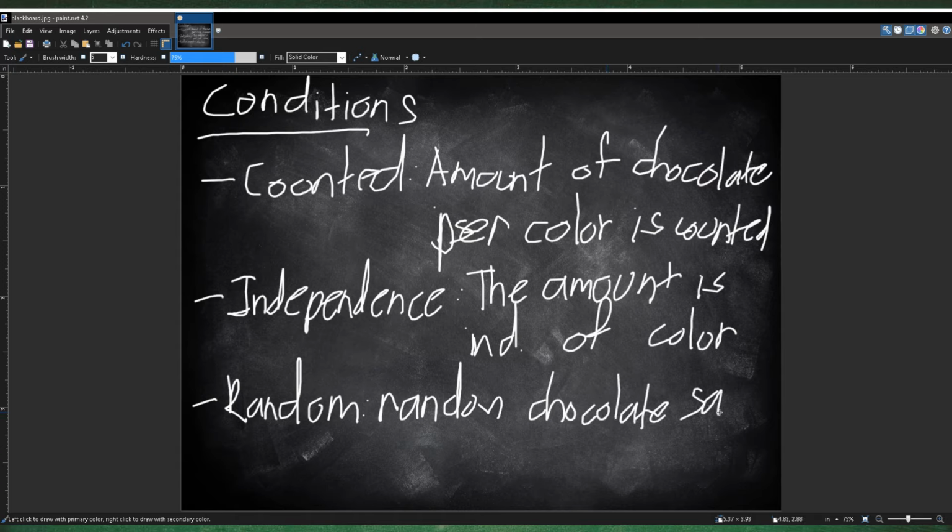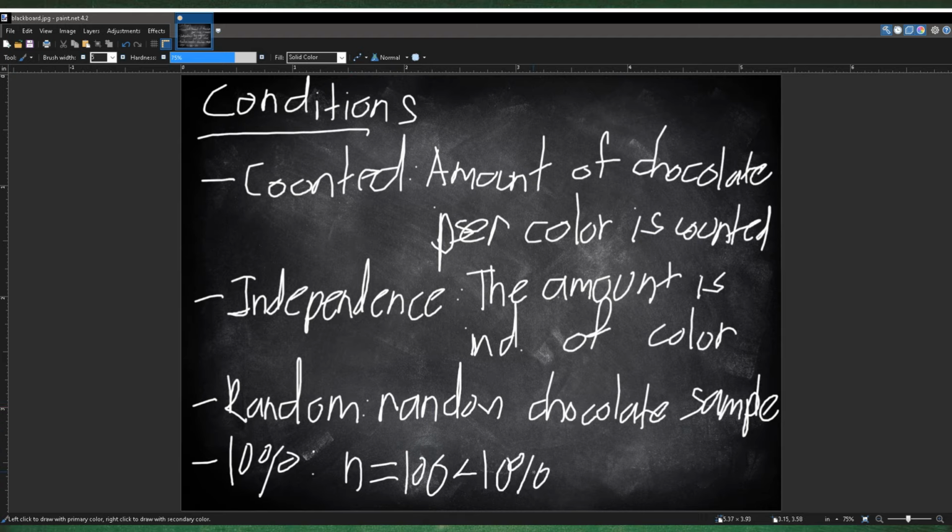And a 10% condition, which is basically that your sample size, 100, is less than 10% of all the chocolate made by that company, which is true, because you could just assume that they make more than 1000 chocolates because they're a company.